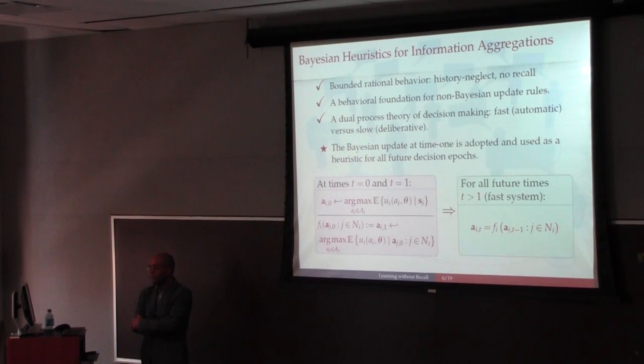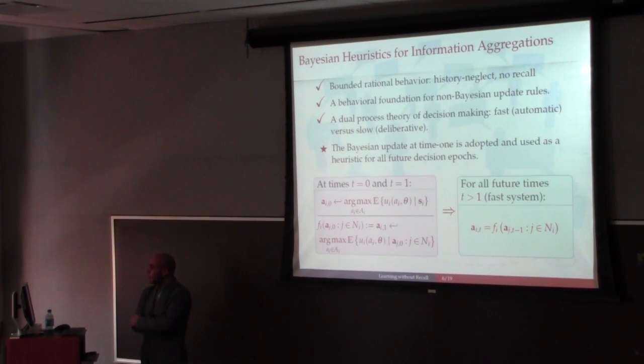And it is bounded rational in the sense that the agents, when they want to make decisions, base these decisions on simplifications of their environment. Because the original environment, its full analysis may require too much brain power, so they simplify their environment. In that sense, they are boundedly rational.